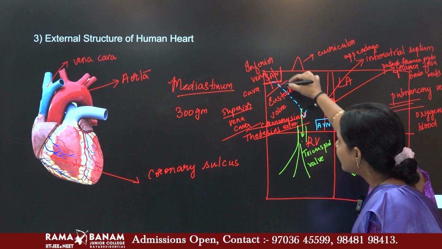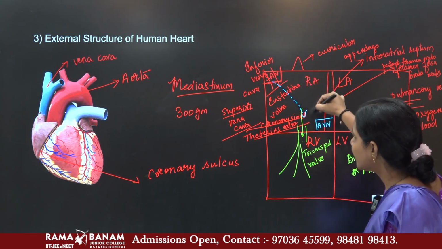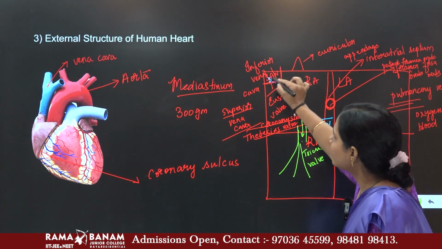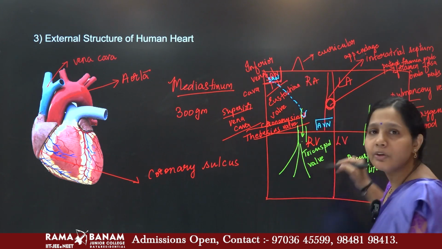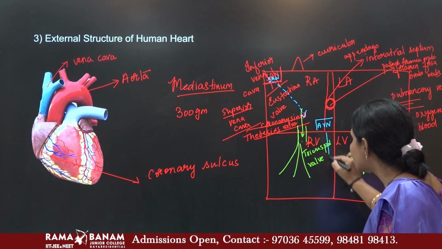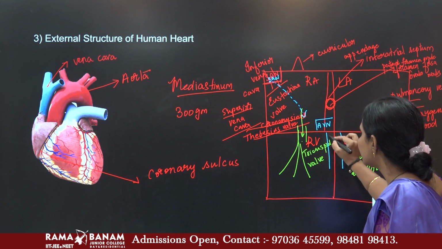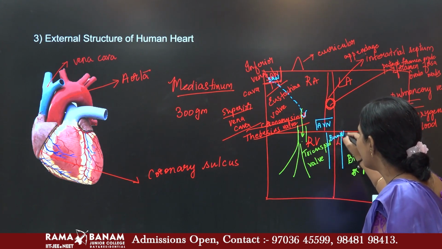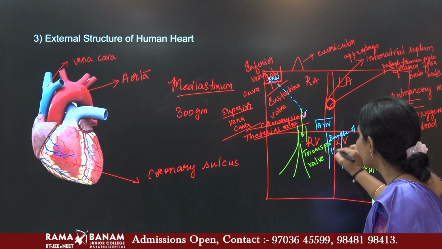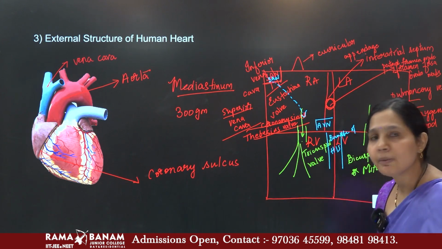Then, whatever action potential is carried from the sinoatrial node to the atrioventricular node passes down through the ventricles through what is known as the bundle of His or AV bundle, right?